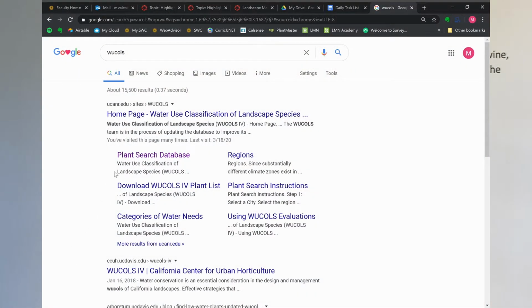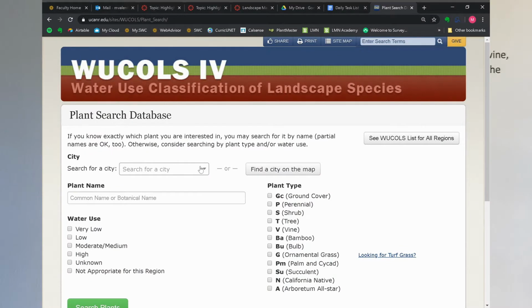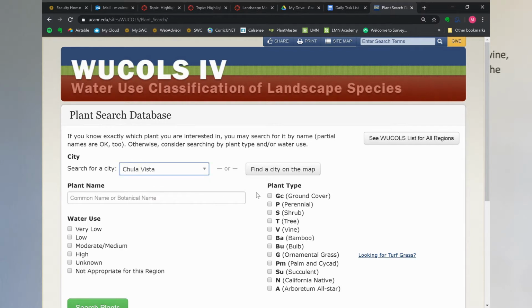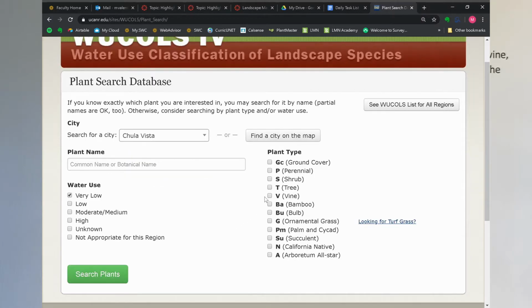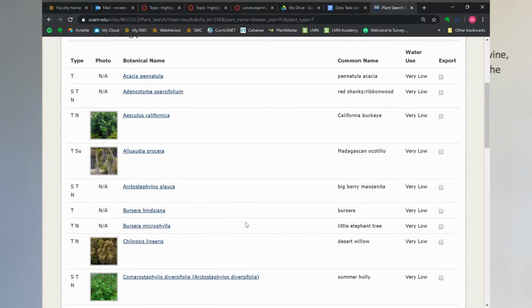For number 4, you need to look up WUCOLS, the water use classification of landscape species, and pick for yourself 3 types of plant for each category: 1 moderate, 1 low, and 1 very low. 1 tree, 3 different shrubs, and 1 ground cover, vine or perennial.